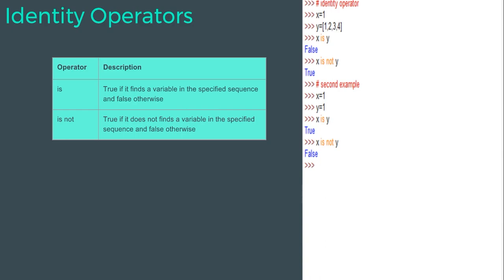If you write x is not y, then the answer will be true, because here 1 is not equal to the list y. Now let's take the second example. x is equal to 1 and y is equal to 1. When you perform x is y, the answer will be true, because 1 is equal to 1. And when x is not y, the answer will be false.